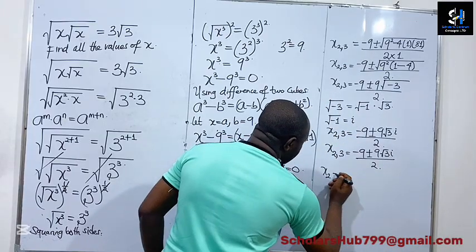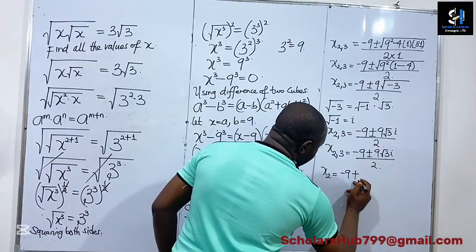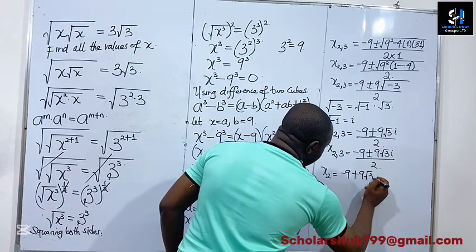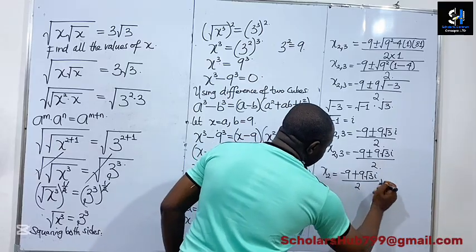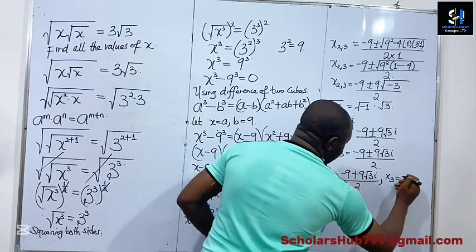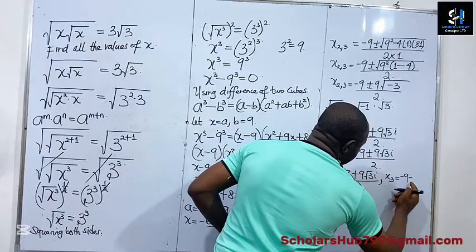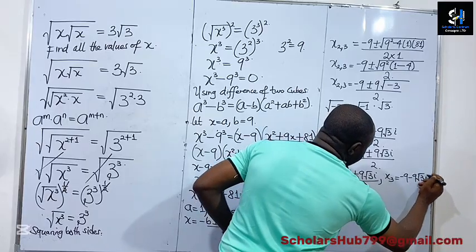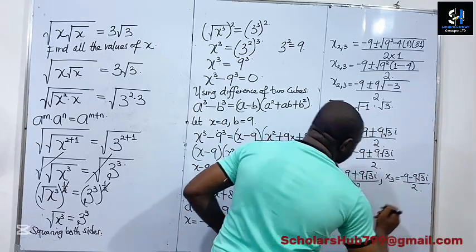So x2 is minus 9 plus 9 root 3i divided by 2, and x3 equals minus 9 minus 9 root 3i divided by 2.